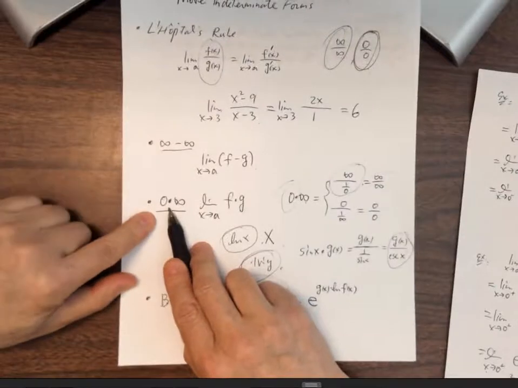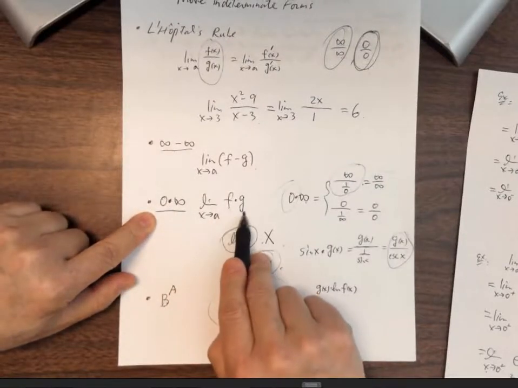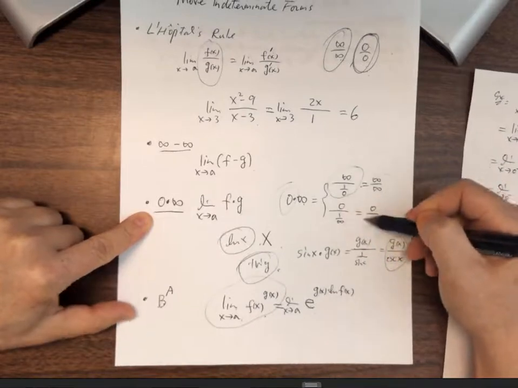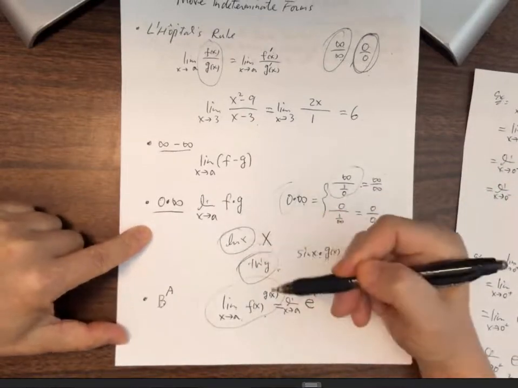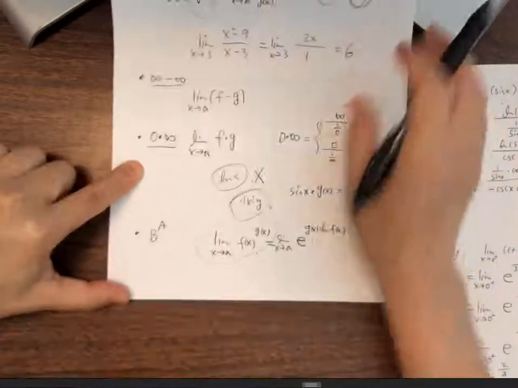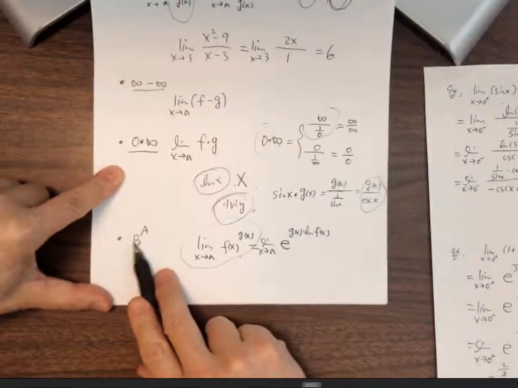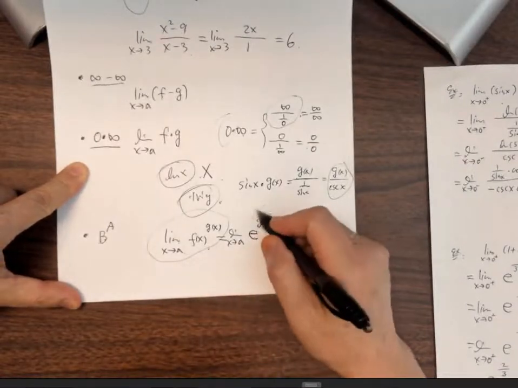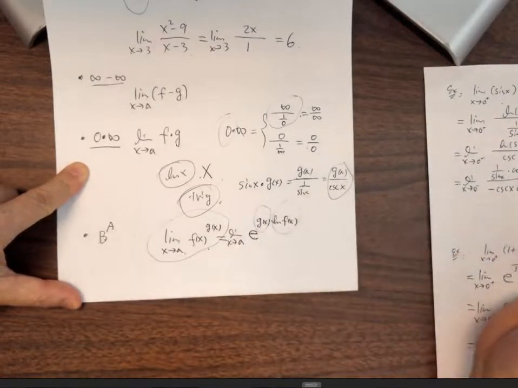If it's in the form of a product, flip one of them so you have a fraction. Never flip log, always flip trig if there's trig. Exponential form, change base. Change base, you always have a product here.